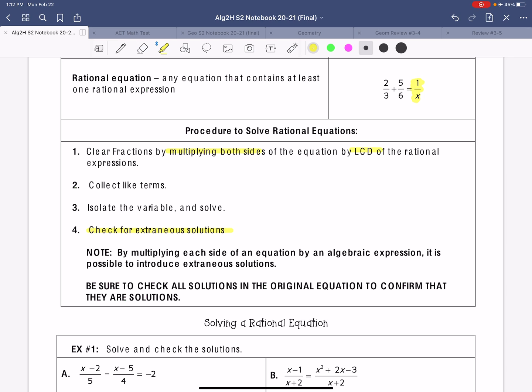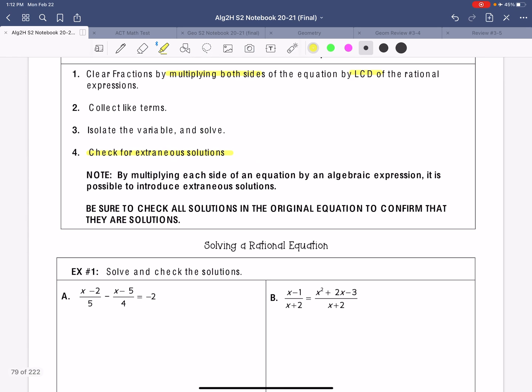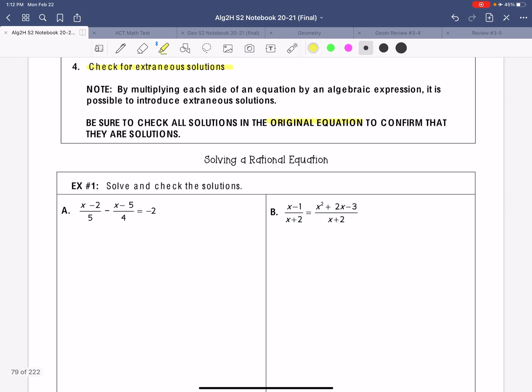By multiplying each side of an equation by an algebraic expression, it is possible to introduce extraneous solutions, so be sure to check all of the solutions in the original equation to confirm that they are actually solutions.